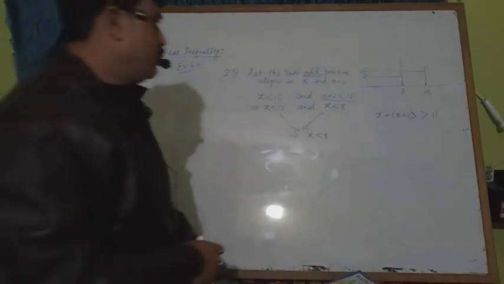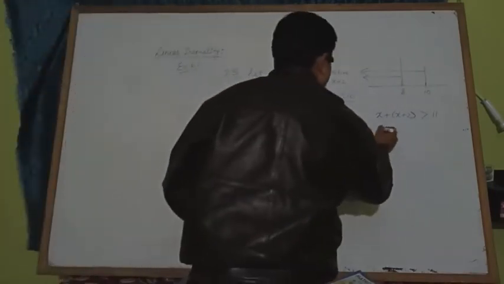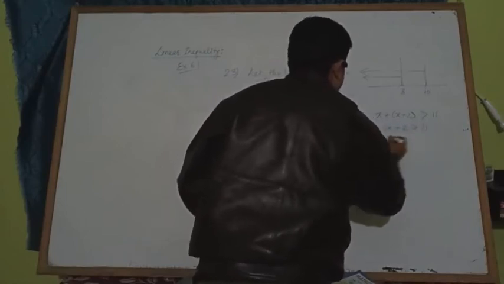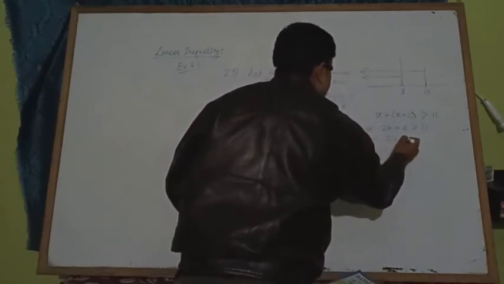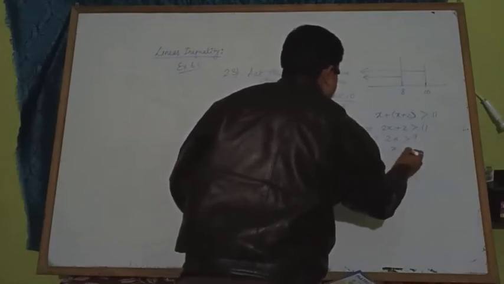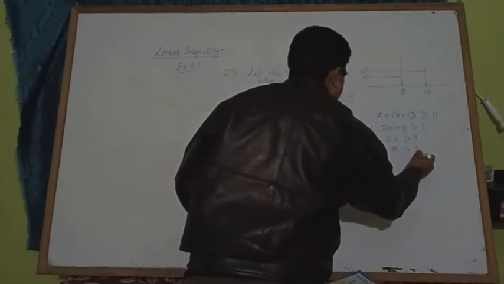So if it is more than 11, that is also an inequality. I'll solve that one. So 2x greater than 9, x greater than 9 by 2.